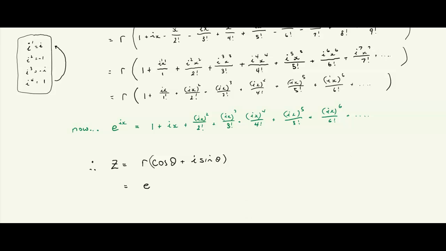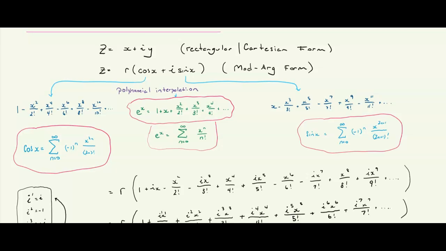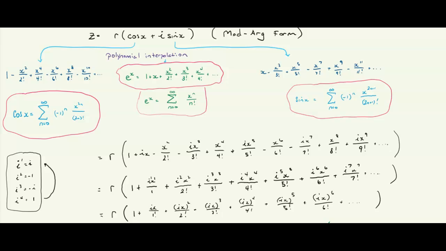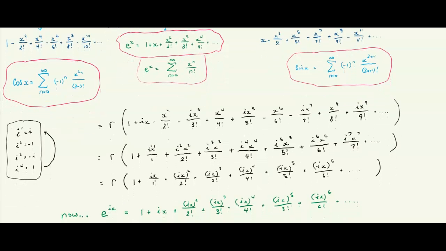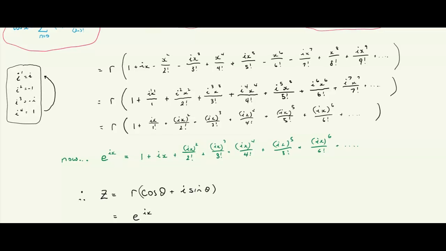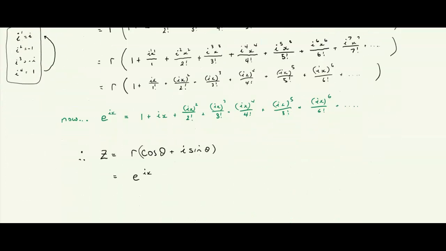So the polynomial interpolation for cos theta and the polynomial interpolation for sine theta have been substituted into my mod arg form. My polynomial interpolation for e to the x has been rewritten with e to the ix, and it matches exactly cos theta plus i sine theta.